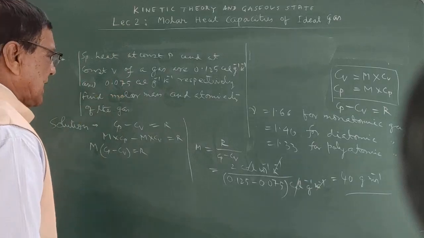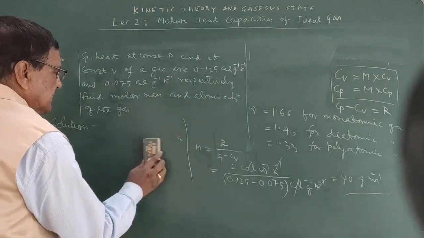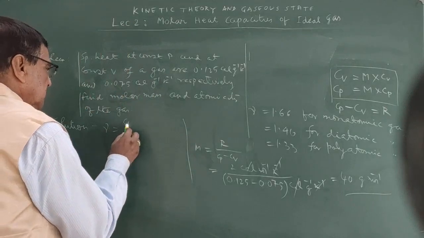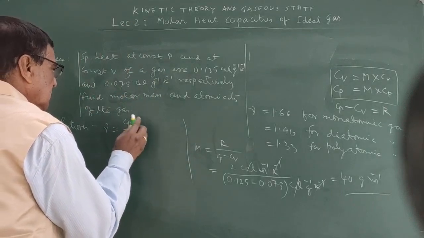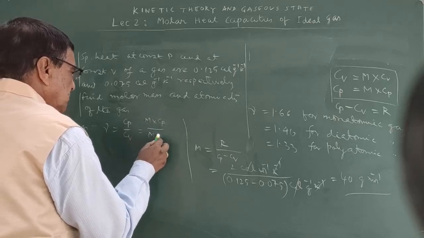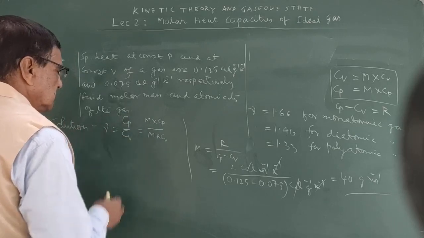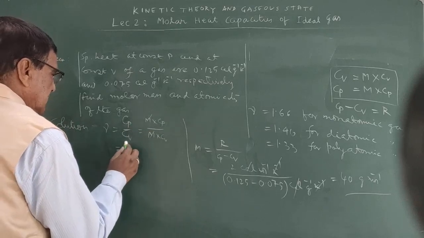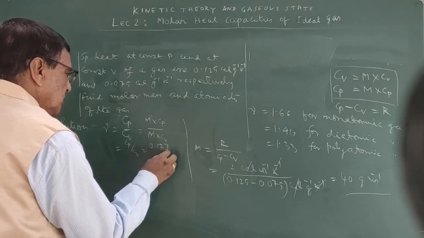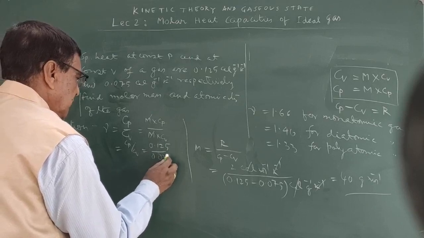If you want to get the atomicity, how many atoms form this molecule, then gamma equals Cp by Cv, or M into small cp divided by M into small cv. M cancels, leaving small cp by small cv, which is 0.125 divided by 0.075.